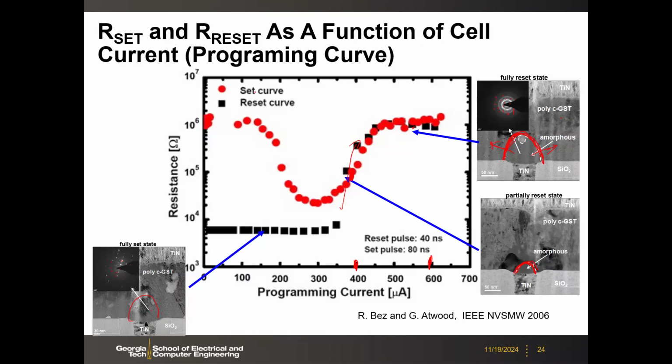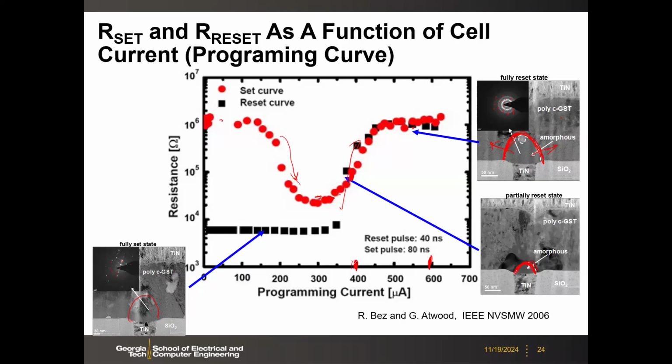And then you can do the set curve, which means you have to apply low programming current. If you start with this high resistance state, the amorphous state, then you can gradually recover this part, okay? But you have to limit the set current.